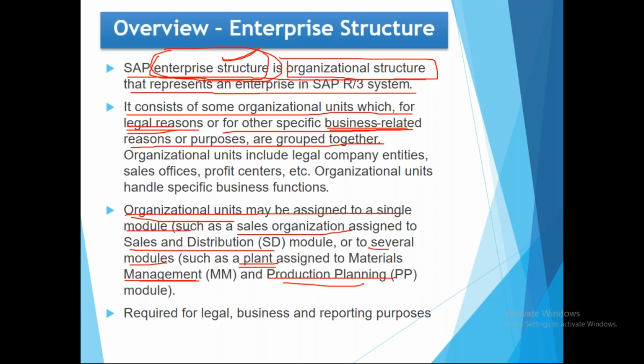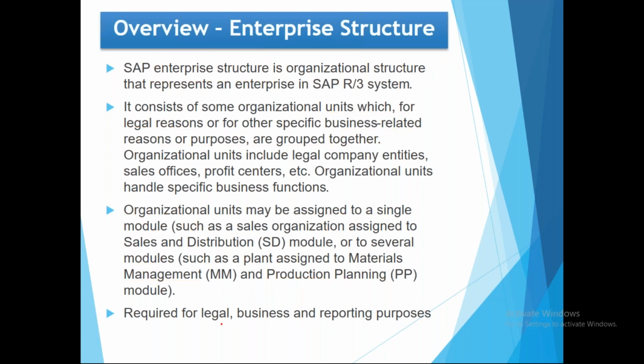So some organizational units are specific to one module, and some are used by multiple modules. Enterprise structure is required for business reasons, to execute day-to-day business functions, and for legal and reporting purposes.